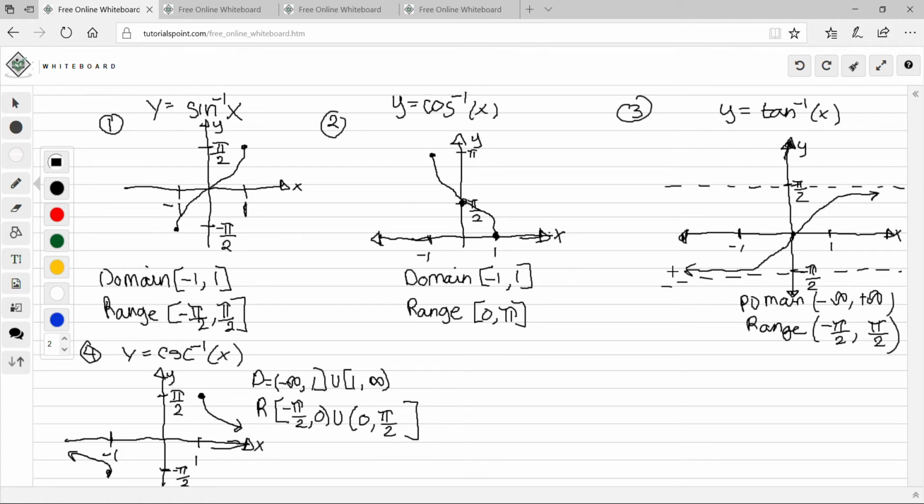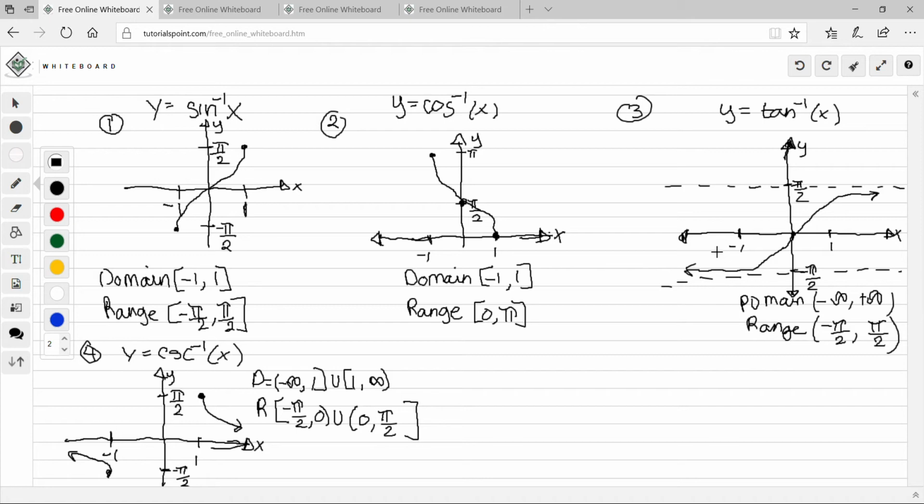The tangent inverse has horizontal asymptotes at π/2 and -π/2. So the domain, as you can see, is all real numbers from -infinity to +infinity, and the range is from -π/2 to π/2.